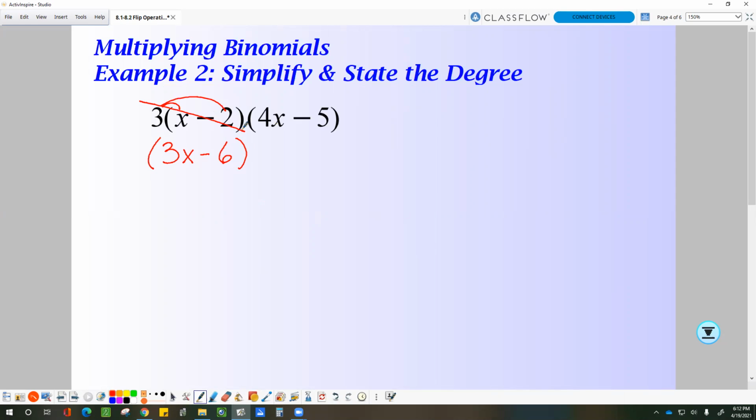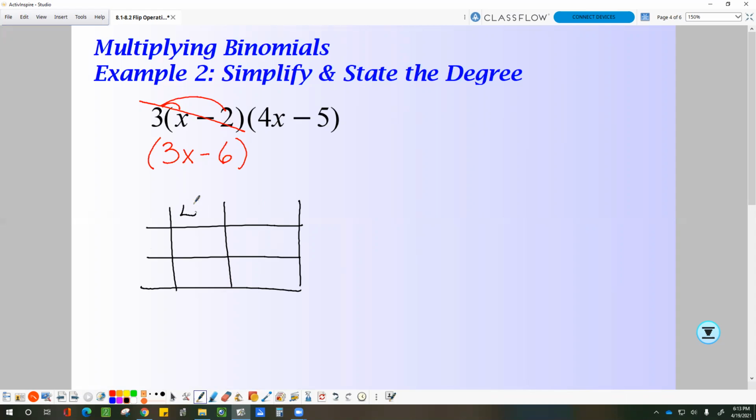To multiply binomials, you can use FOIL or you can use the box method. I'll use box method first. With box method, you put one of the binomials on one side of the box and the other on the other side of the box, and then you multiply. 3x times 4x is 12x squared.